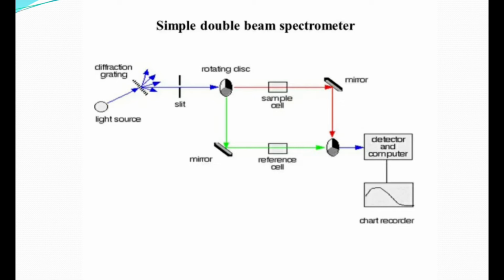The light passes from the light source through the slit and rotating disc into the mirror. The mirror reflects one beam through the sample cell and another through a rotating disc or mirror to the reference cell. One light path comes from the sample cell and another from the reference cell. These two are connected and given to the detector and computer, and also represented by a chart recorder.